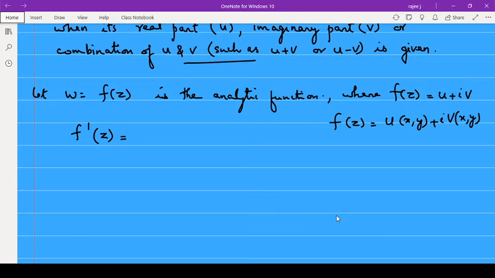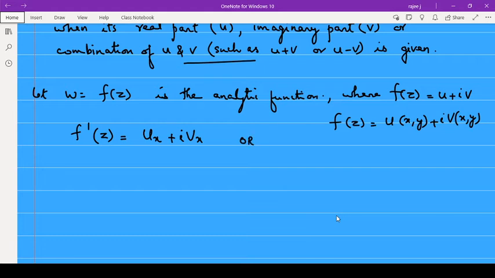When you find the derivative of f of z, that is f dash z, you can find the derivative either with respect to x or with respect to y, not together. That means f dash z can be written as, if I differentiate with respect to x, ux plus ivx.